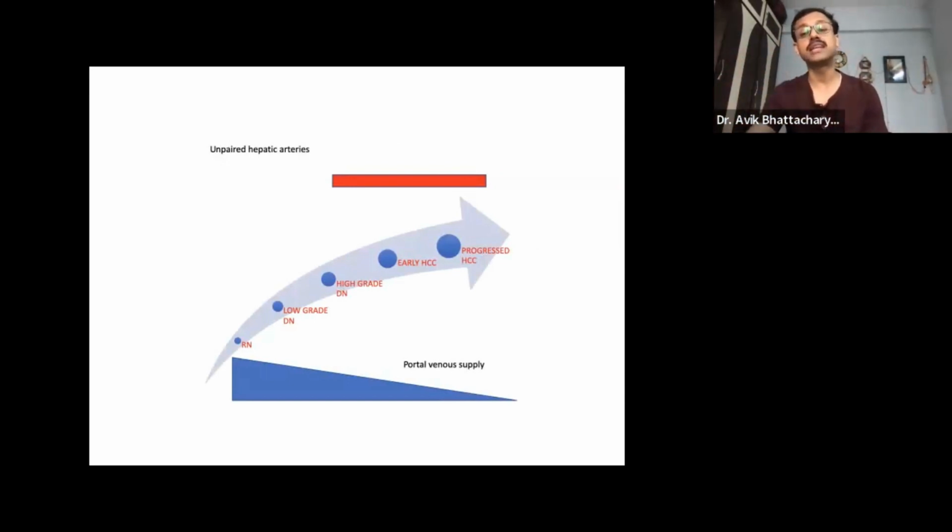And when the rest of the liver enhances because of the portal venous supply, the lesion would be hypoenhancing. That means in the arterial phase, the lesion would be brighter than the rest of the liver, and on portal venous phase, the lesion would be darker than the rest of the liver. So that unpaired hepatic arterial supply gave us this opportunity to differentiate a focal liver lesion from the rest of the cirrhotic liver using this multiphasic contrast study.